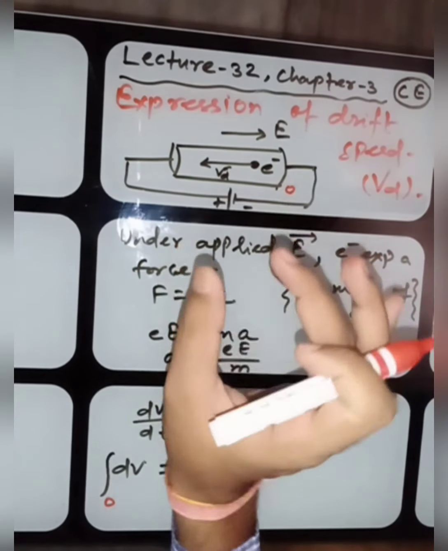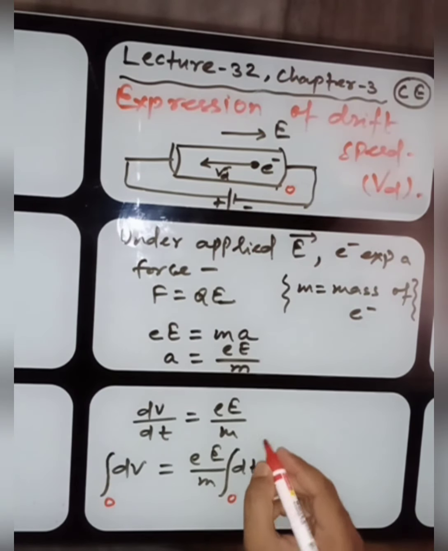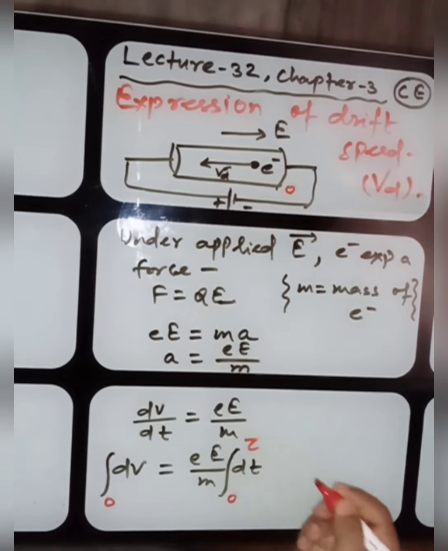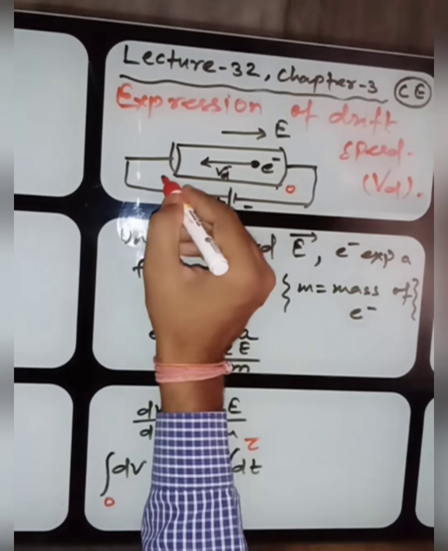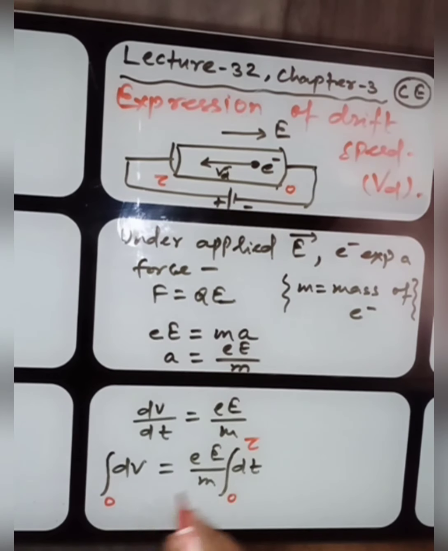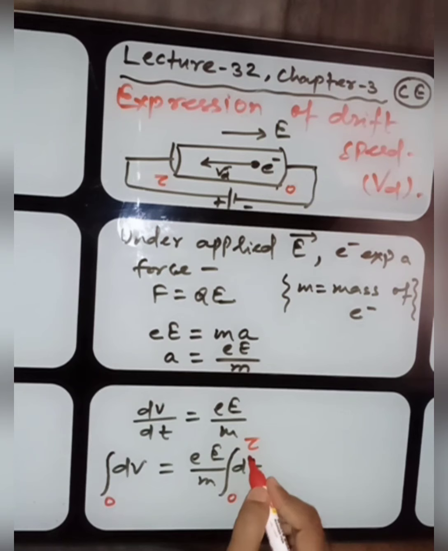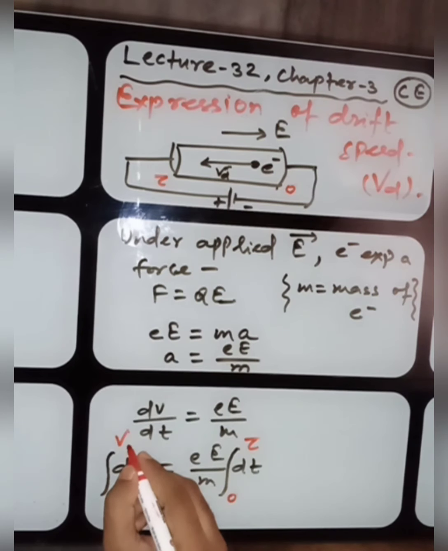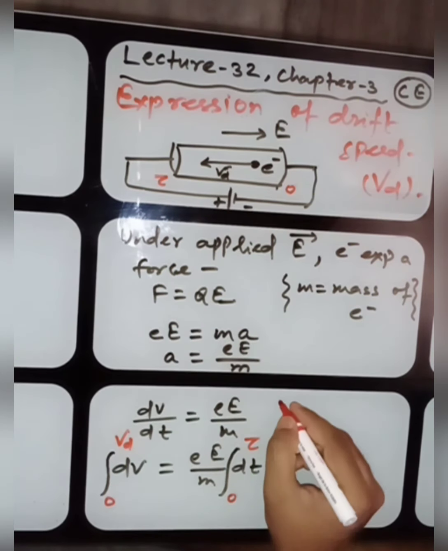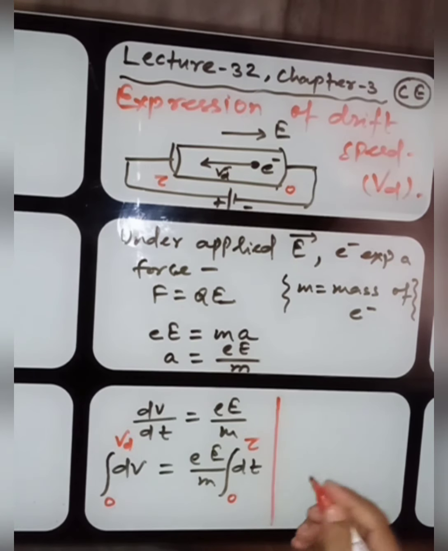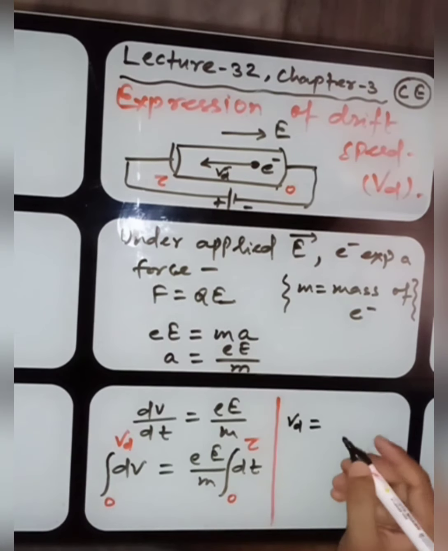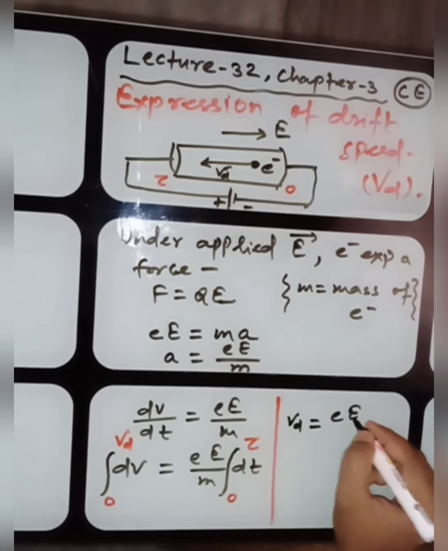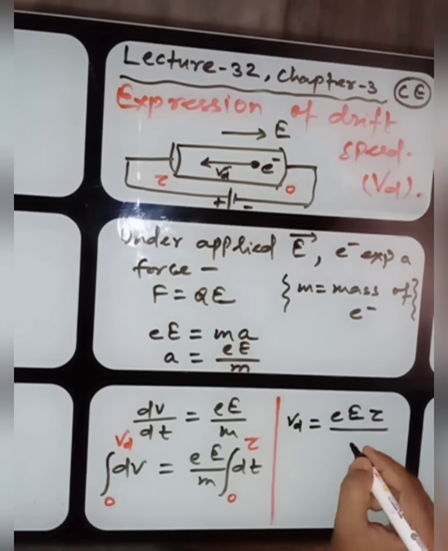That average time is called the time of relaxation. In that time, from here to here, the time taken by the electron is tau. We are representing it with tau. And it attains a drift velocity vd, my dear student. Now, integrating, vd equals QE tau over m.